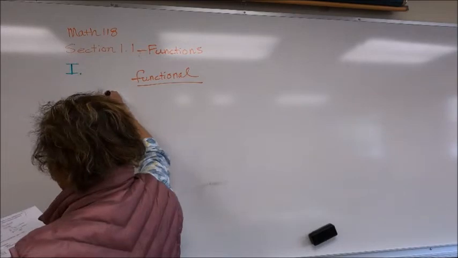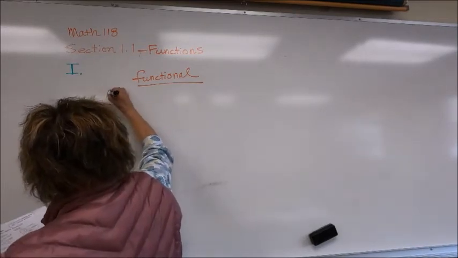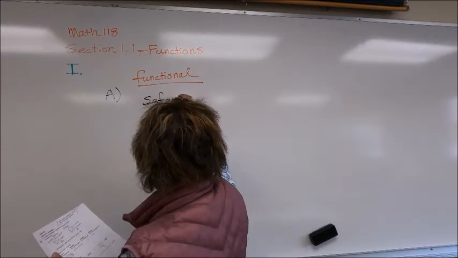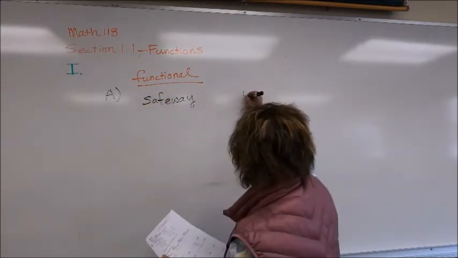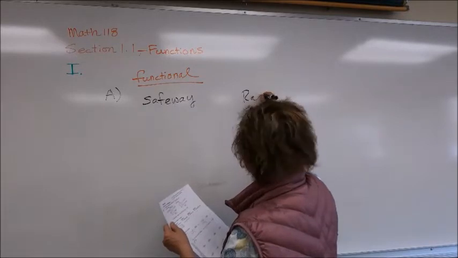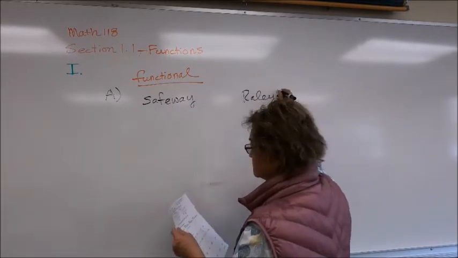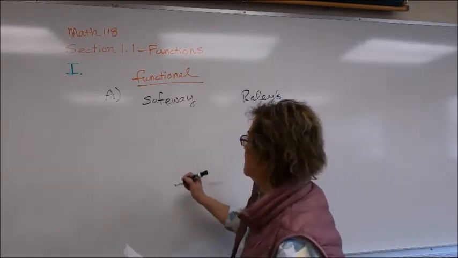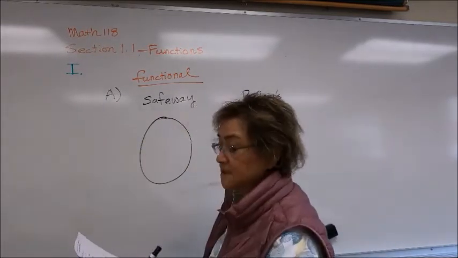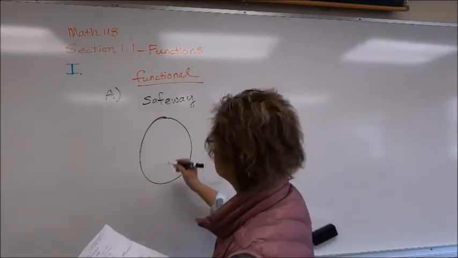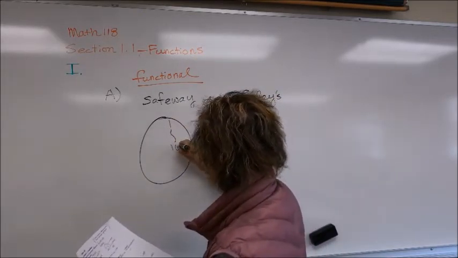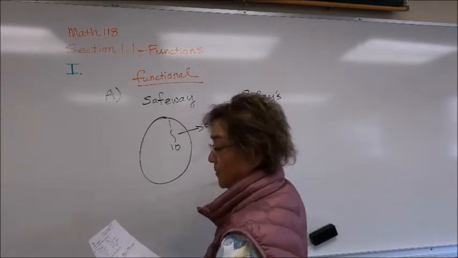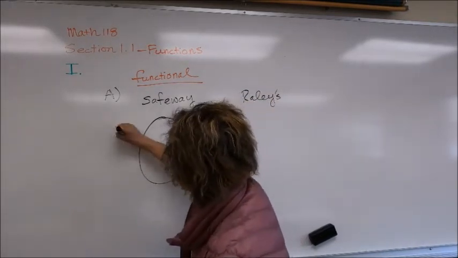If we just use a local example, we have a Safeway. If you go to Safeway, you are going to buy a turkey. It says, okay, 1 to 10 pounds, I'm going to sell at $10.99 per pound.